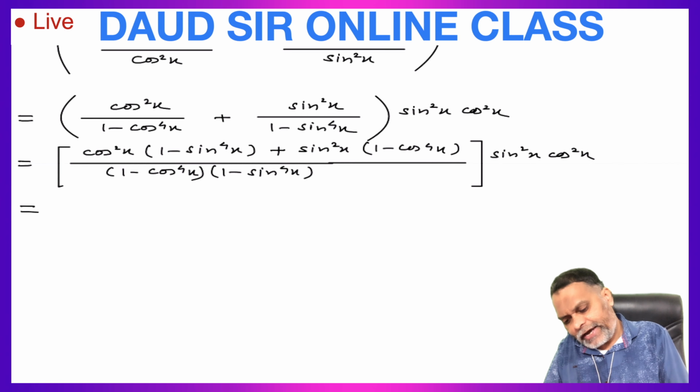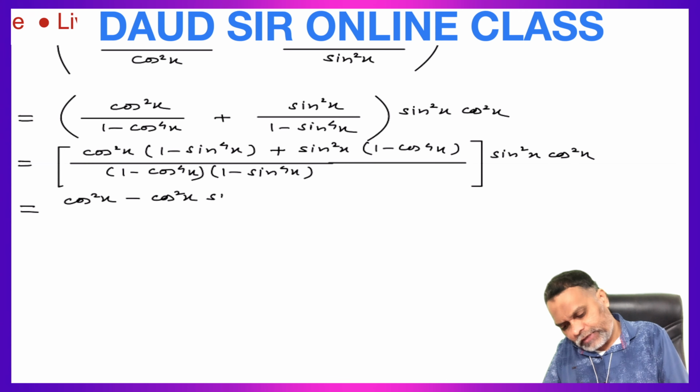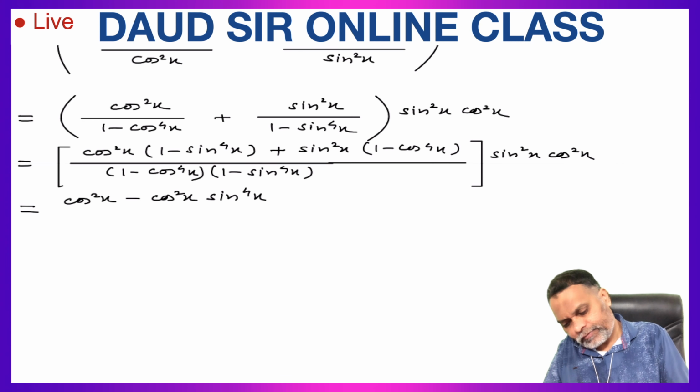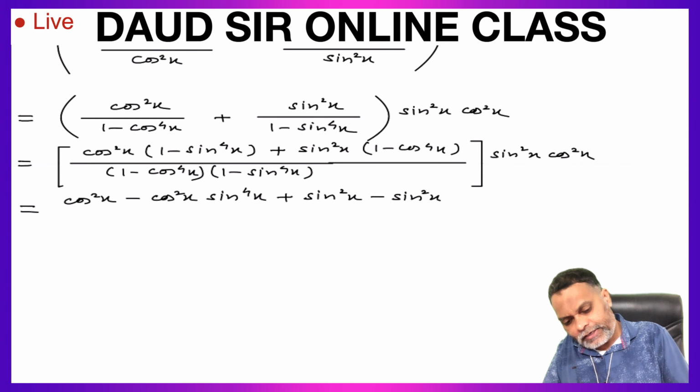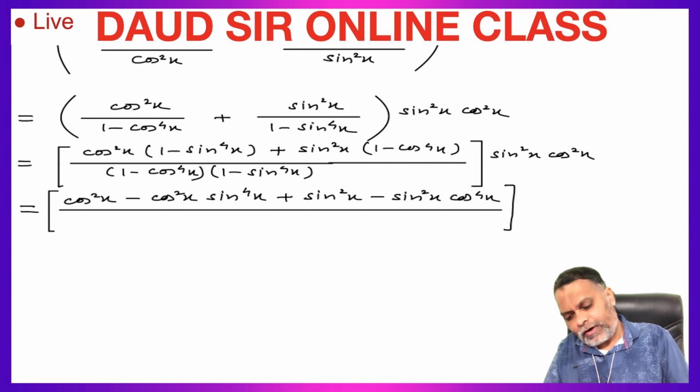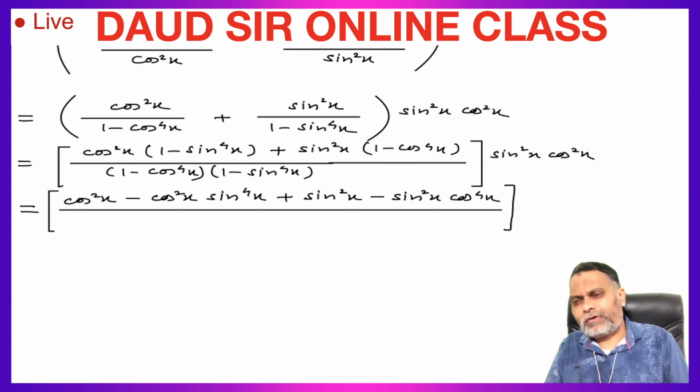multiply this: cos square x minus cos square x into sine raised to the power 4x, multiply by sine square x minus sine square x into cos raised to the power 4x, upon 1 minus cos raised to 4x.